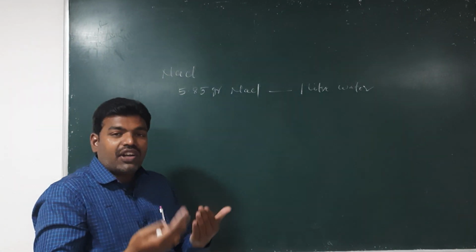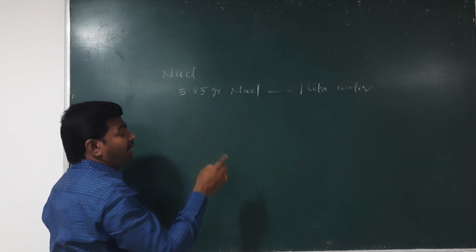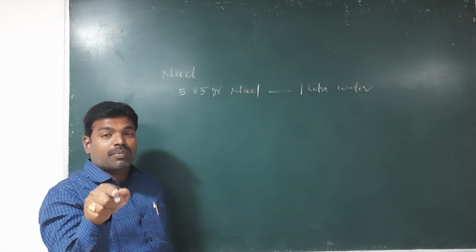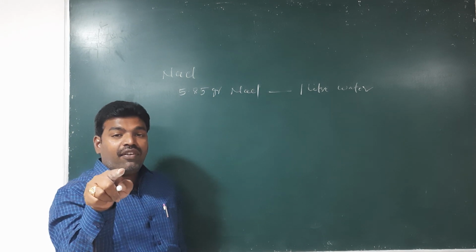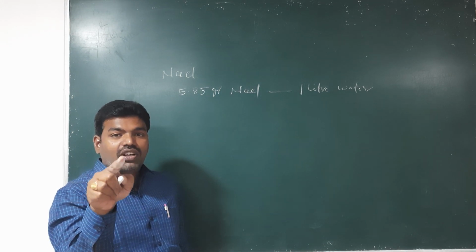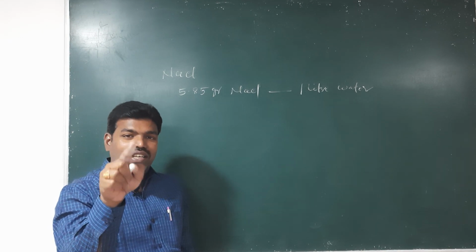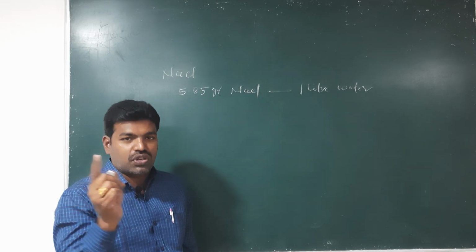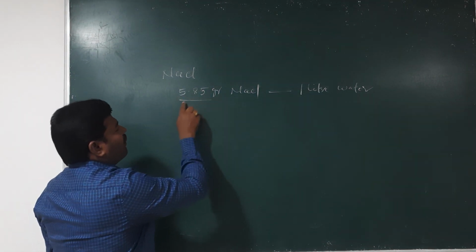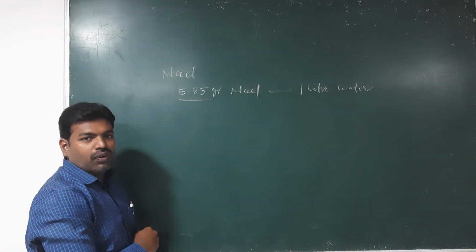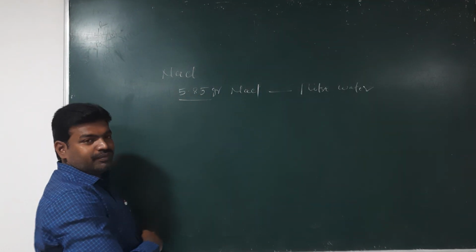How can we quantify that sodium chloride? We know, when we know the weight of a chemical substance, we can convert that weight into moles. We know the weight of solute, the weight of sodium chloride, that is 5.85.